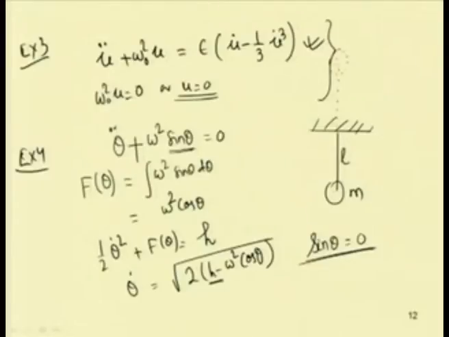When we carry out the stability analysis of the system, we can see that one equilibrium position is a stable equilibrium position, while the other is an unstable equilibrium position.